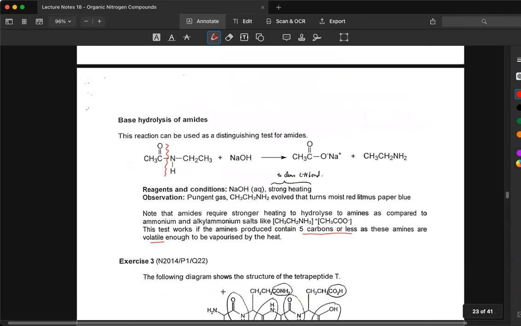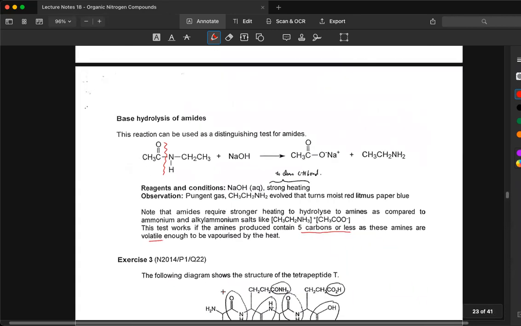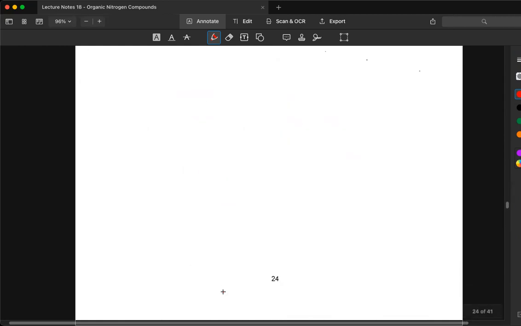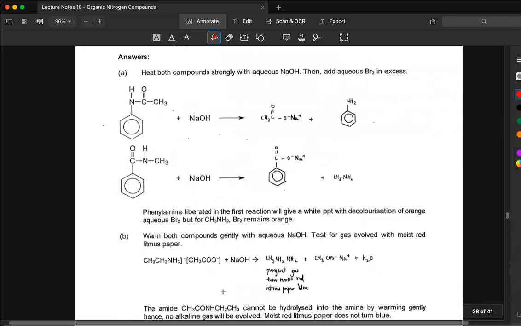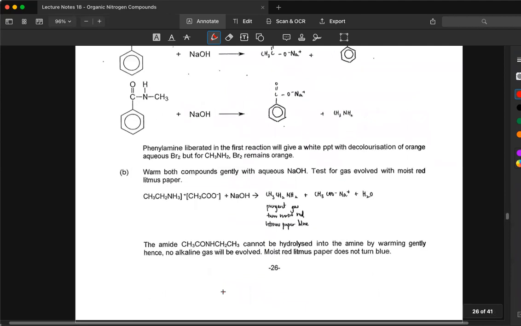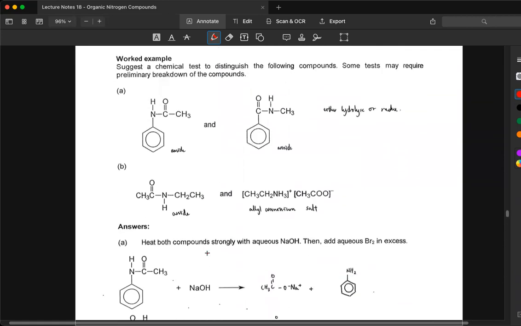So if you recall, the amide into the amine. You cannot warm gently.